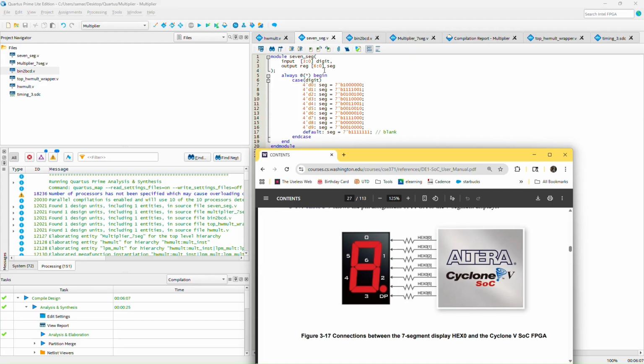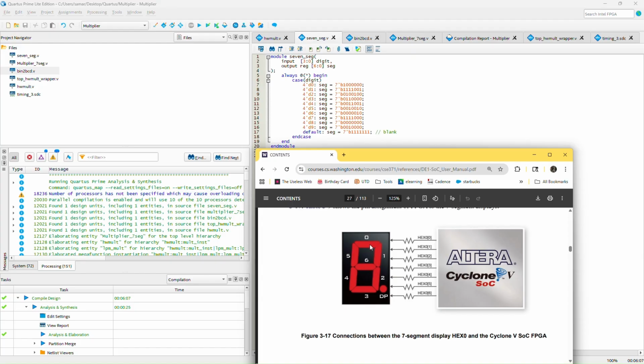I've coded the digit and a segment. So the segment would be each of these. As you can see, there are 7 bits over here, 0 to 6. So these are the bits, and this is the digit. If I want to display a 0 on the 7 segment, as you can see, only the 6th bit is 1 and all the other bits are 0.